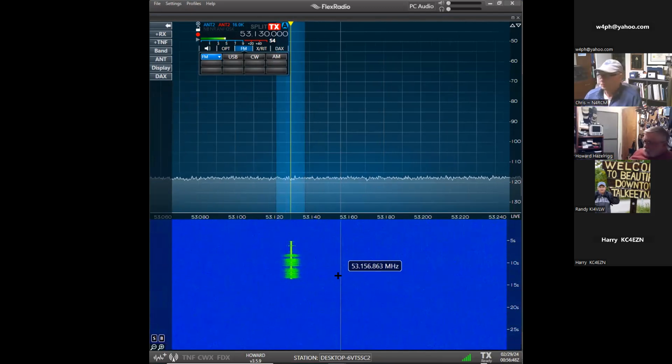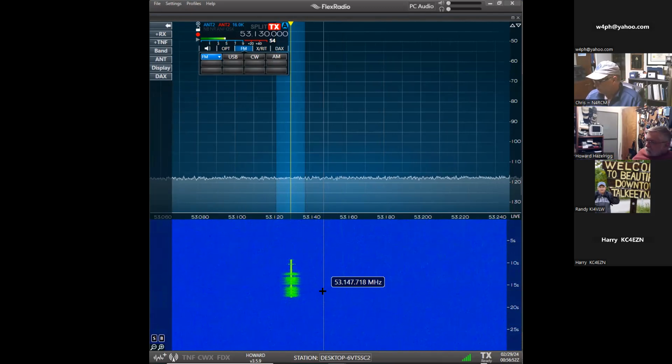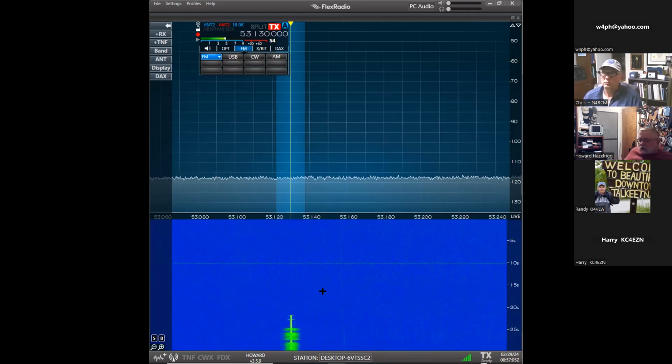You can see in the time domain down here on the bottom, the signal slowly sinking off the screen. So that's several different types of modulation off the bat to show you what they look like on this fairly modern digital receiver.